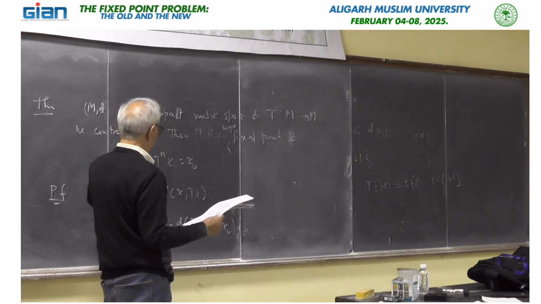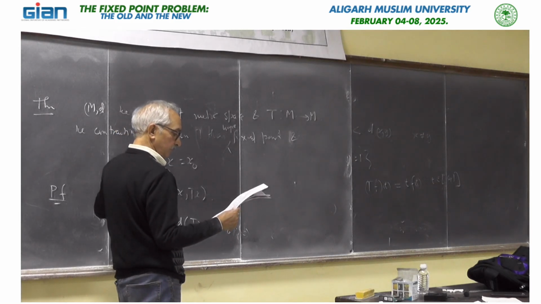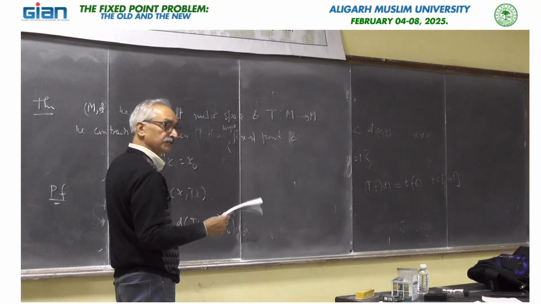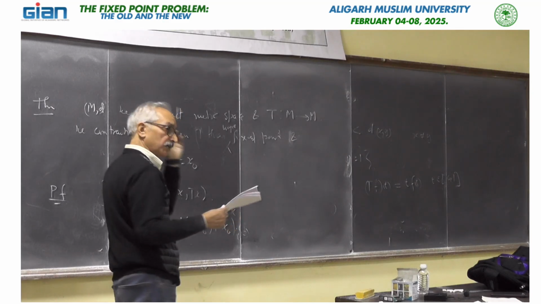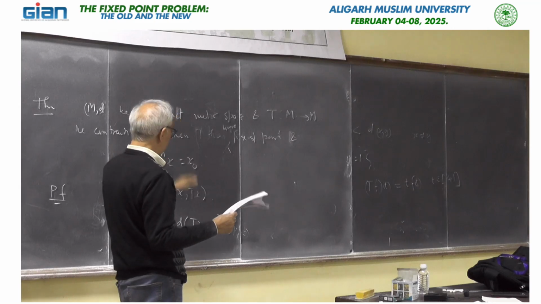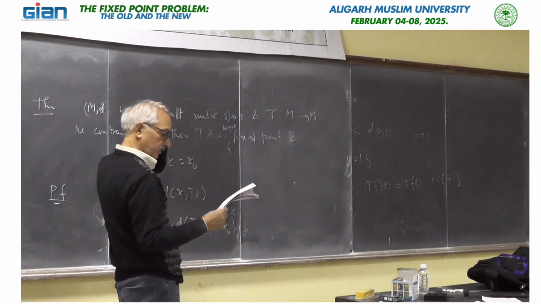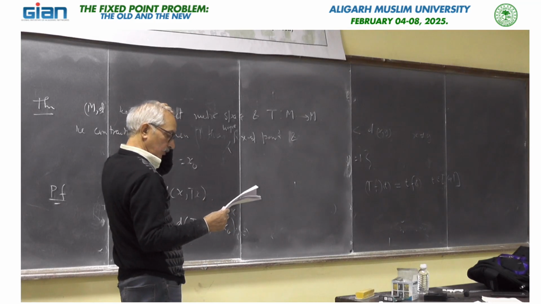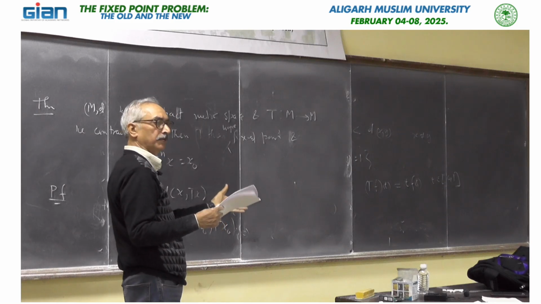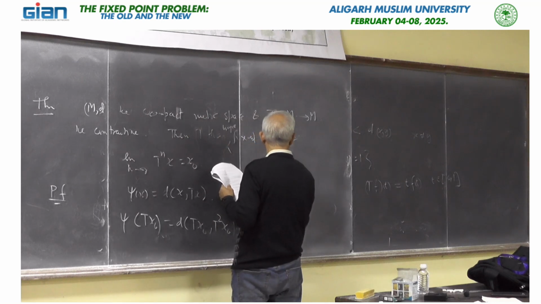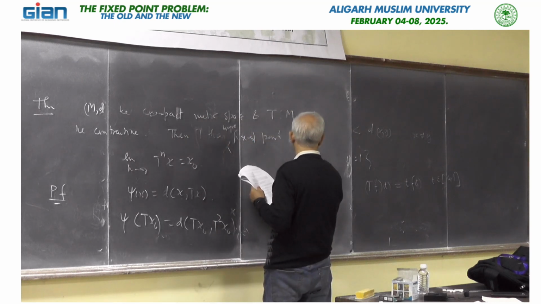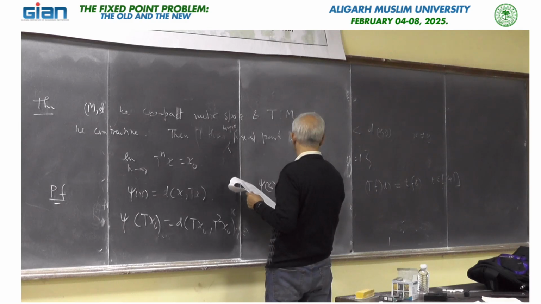Psi is a continuous map, because d is a continuous map, the distance function, and it is bounded below. So psi is continuous and bounded below, so it will assume a minimum. So, let us take psi of x_0 to be the minimum of psi of x over x belonging to M.